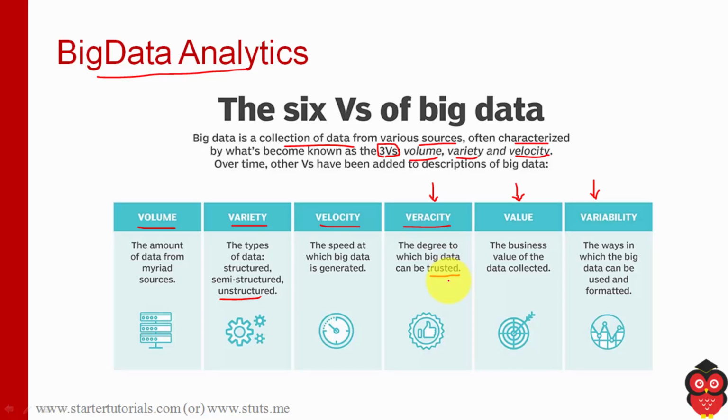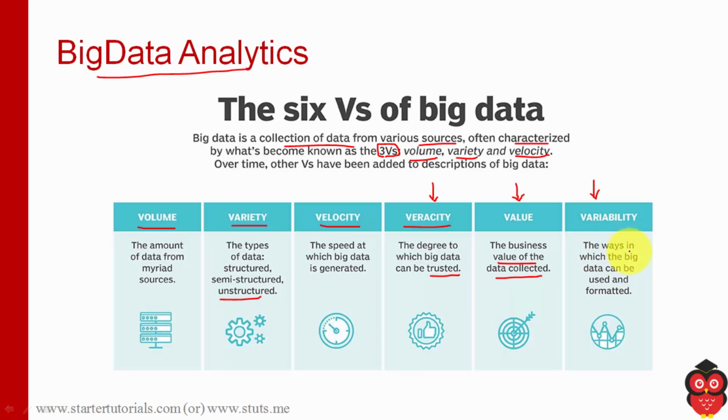Even though you have large amounts of data, if it is not useful, it doesn't help my organization to get profit. And value of the data that is collected, just like I said, if the data doesn't contribute to gaining profits, it is useless even if you have so much data with you.